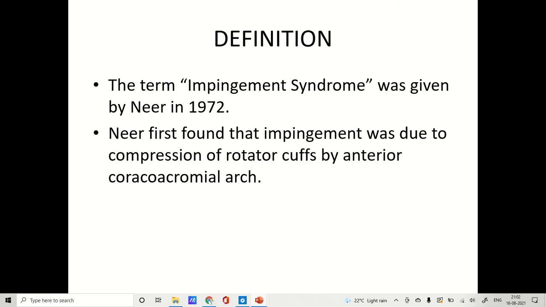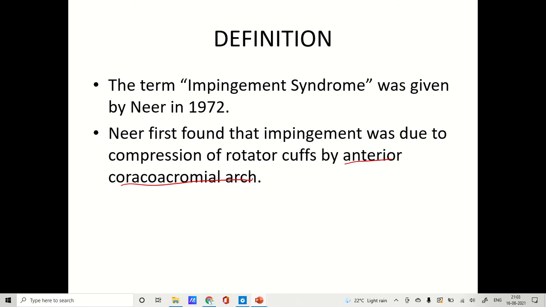Definition. The term was first given by Neer in 1972. Neer first found that impingement was due to compression of the rotator cuff by the anterior coracoacromial arch, the arch formed between the coracoid process and the acromion process of the scapulae.